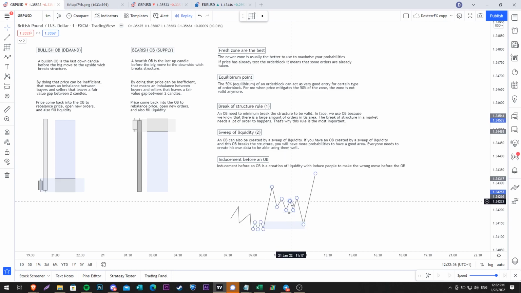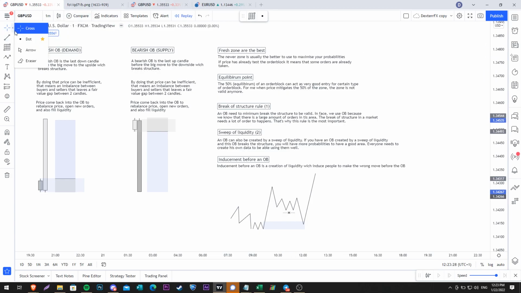It induces people to buy at the breakout or wait to pull back to buy, and it generates a lot of liquidity, and this liquidity we call inducement because it induces people to make the wrong move before the POI. And it's not 100% needed. You can have another block which doesn't have liquidity and inducement, but is totally valid and works very nicely.